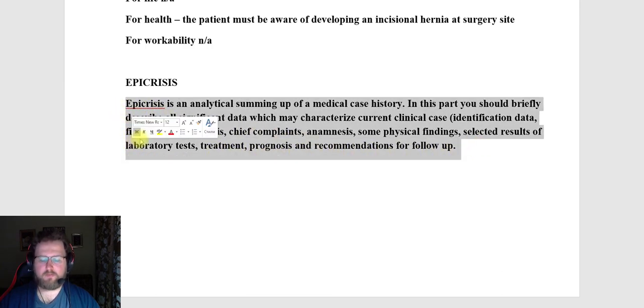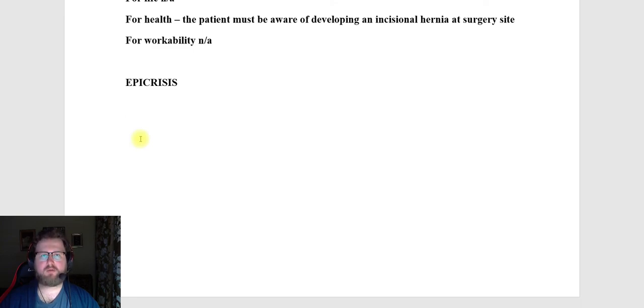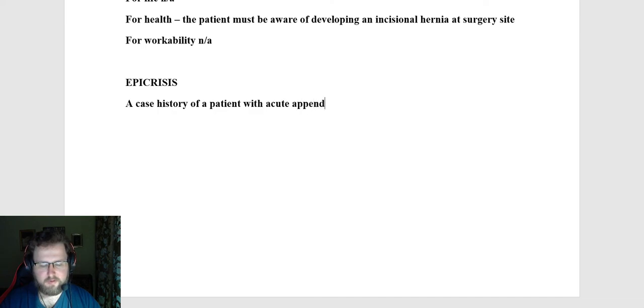Well, in general, you can write down that a case history of a patient with acute appendicitis had been described.